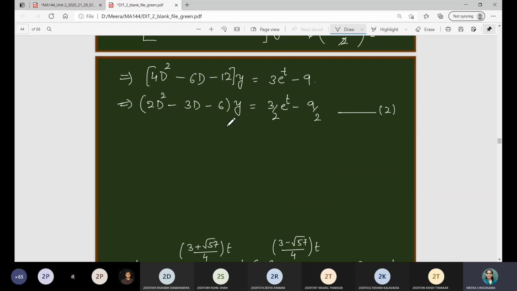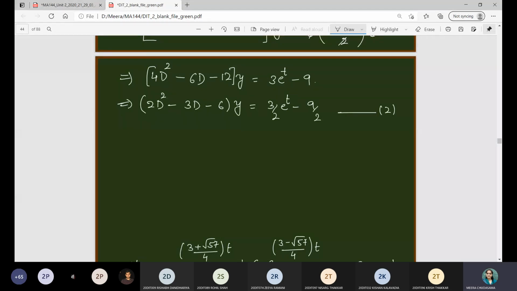Here you have to apply the discriminant method, that is b square minus 4ac, because it is not directly factorized with integers, right? How many of you got this complementary function? Please raise your hand. Very good. Those who have obtained it can go for the particular integral, right?